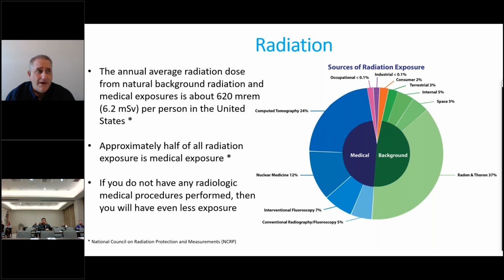If you look at the graph again, you'll see that on the green side, in the background side, radon and thoron make up about 37% of our exposure. Some people are very familiar with radon. Some people have never heard of radon. The reason for that is radon is a naturally occurring radio isotope that exists in the earth, and some places have much more of it than others.